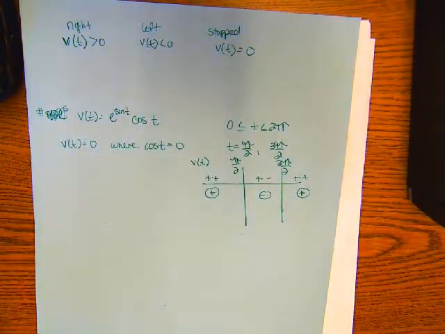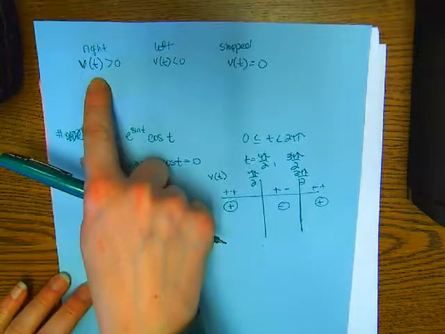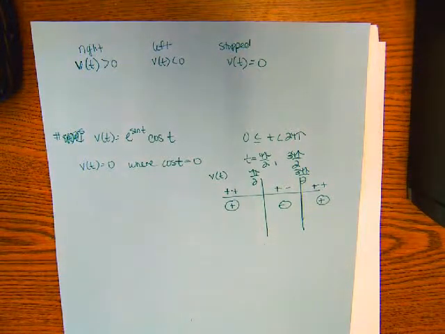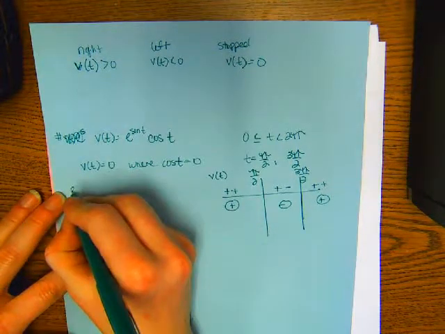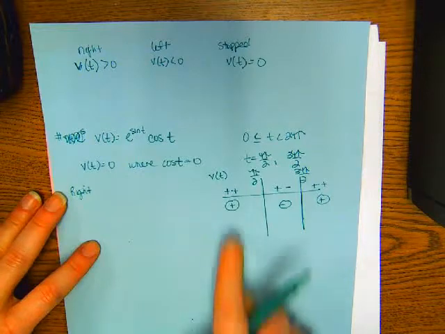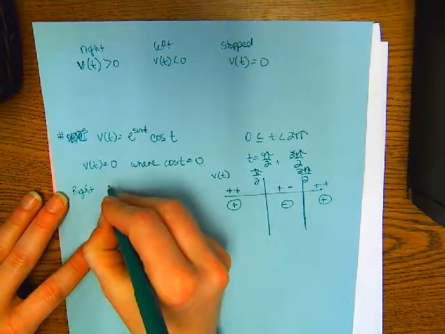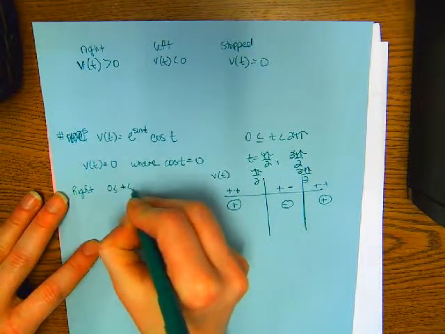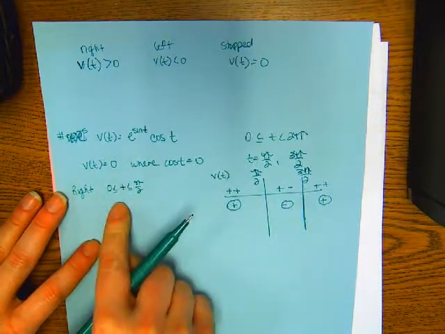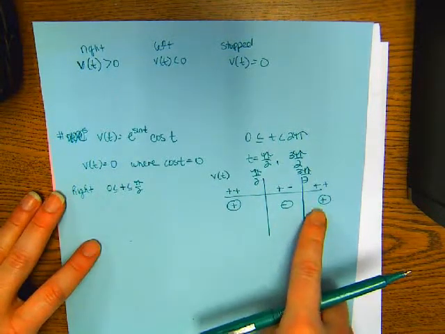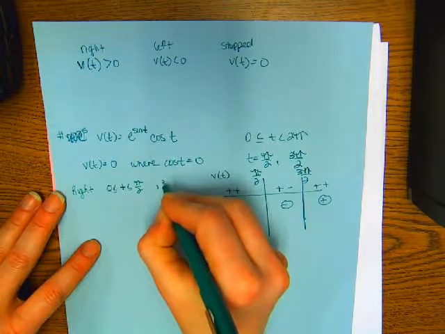Let's answer our question then. Where does the particle move to the right? So 0 to pi halves. By the way, guys, you can write these as intervals like this, or you can use brackets if you want. And then 3 pi halves to 2 pi.